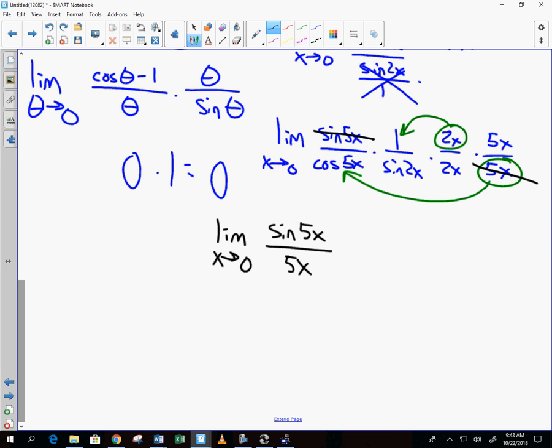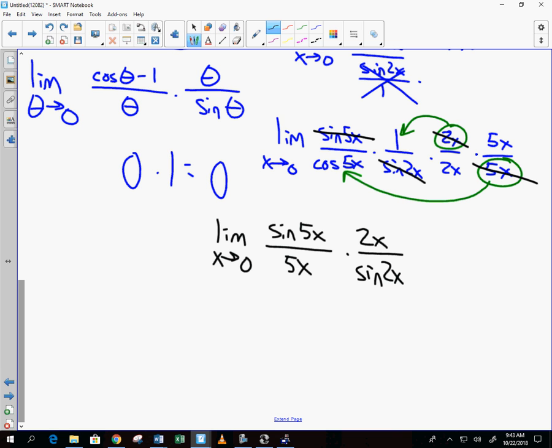The cosine is right here right now. I'll put it down there in a little bit. But I'm not done yet, so I'm going to wait. Now, what do I write here? 2x over sine of 2x. Hey, I really like that because that's just 1. Great. So the 2x is gone and the sine of 2x is gone.